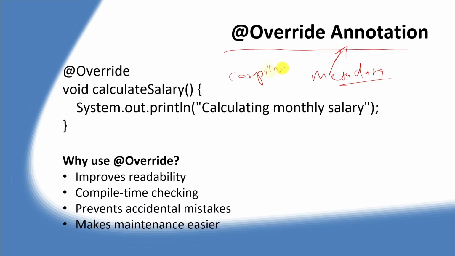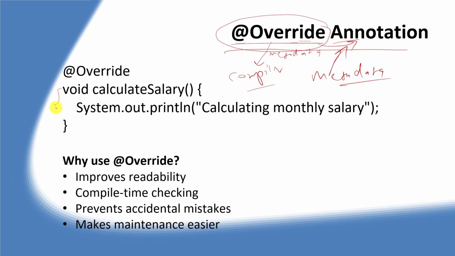If you are writing some keyword like this, that is called an annotation. What does it mean if we write this? That means we are giving some metadata to the compiler, some additional information.